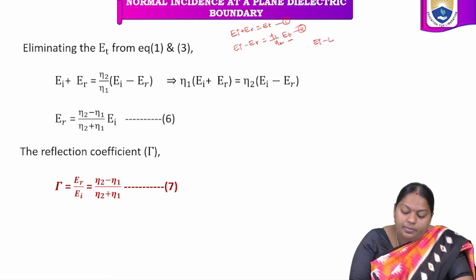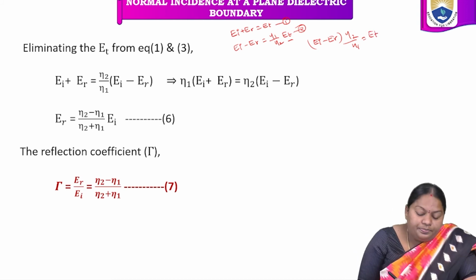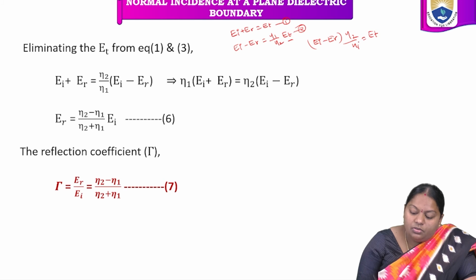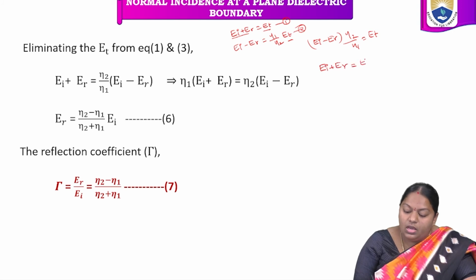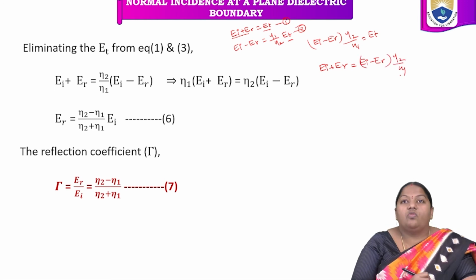Then EI minus ER into eta 2 by eta 1 equal to ET. Now if you compare these two equations, EI plus ER equal to ET, and EI minus ER into eta 2 by eta 1 equal to ET. Now by comparing these two equations, we have got EI plus ER equal to EI minus ER into eta 2 by eta 1.